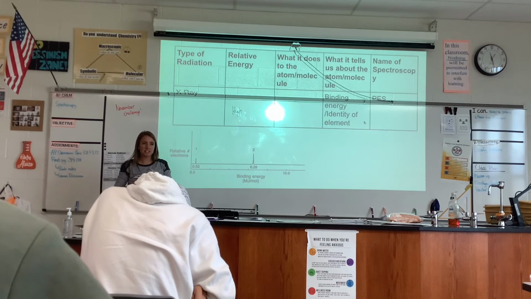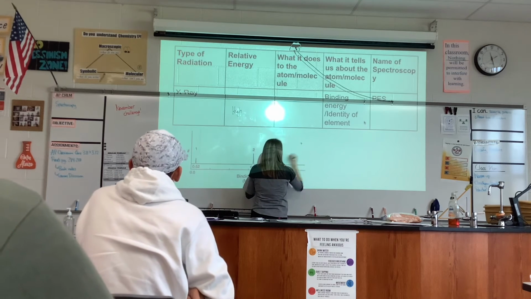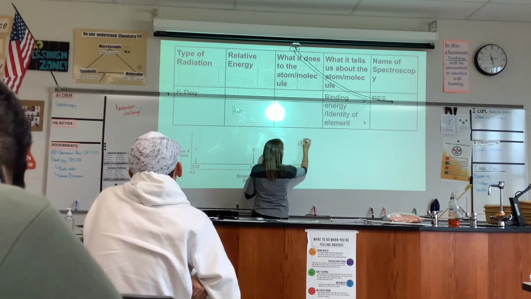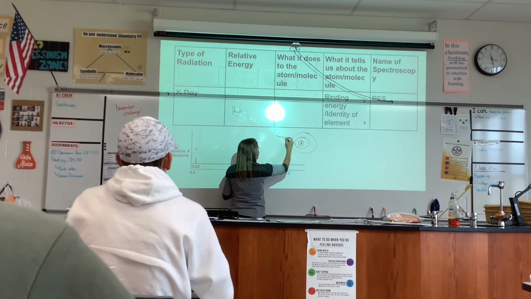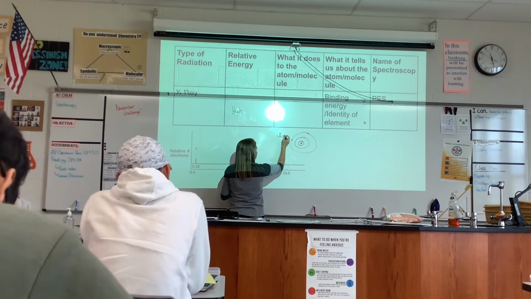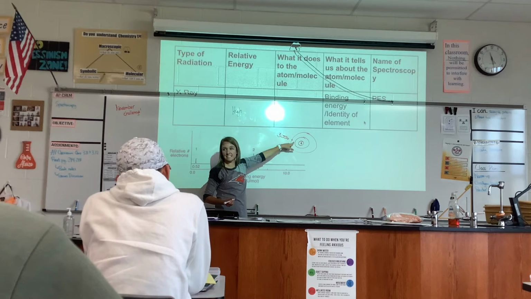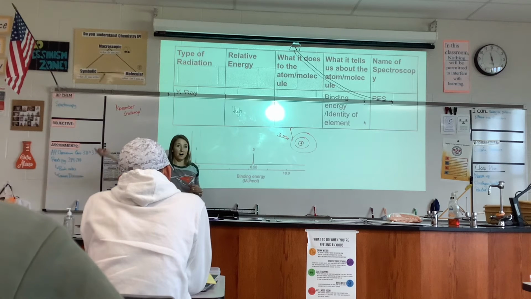So X-ray spectroscopy is literally shining an X-ray at an atom. So here's our atom. Here's an electron. I shine the X-ray at the atom. The X-ray has so much energy that when the electron takes it in, pew, it comes flying off.